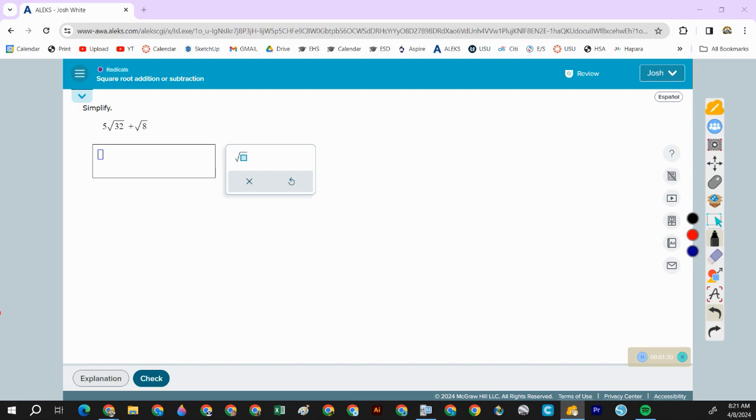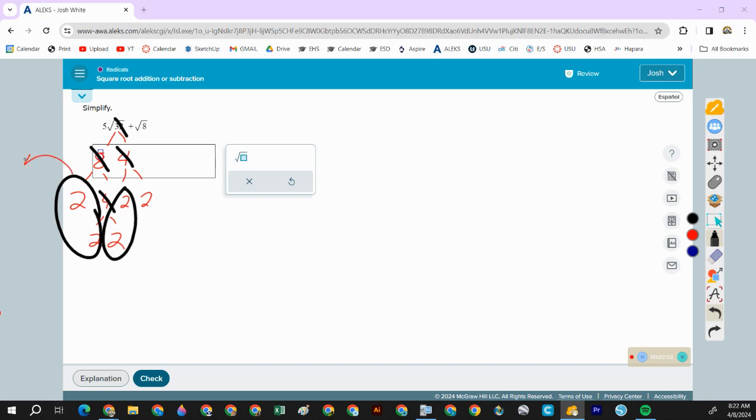But we can try to simplify this to see if the simplified version will add together. So that's 8 times 4, 2 times 4, 2 times 2, and 2 times 2. And then we cross off everything that factored. And I'm left with 2 times 2 times 2 times 2 times 2. So I start circling pairs. There's a pair, and there's a pair.